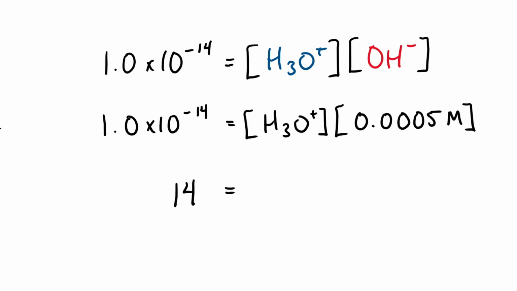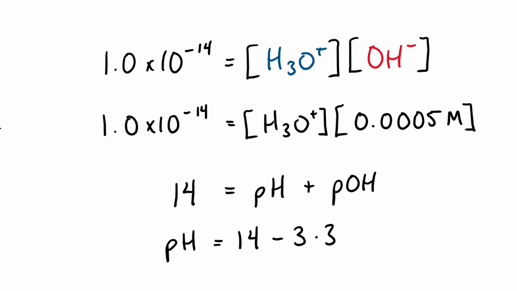Or we can simplify things a great deal by using the rules of logarithms and just subtracting the pOH from 14 to find the pH. So in this case, we have 14 minus 3.3 equals 10.7. And the pH of the solution is 10.7.